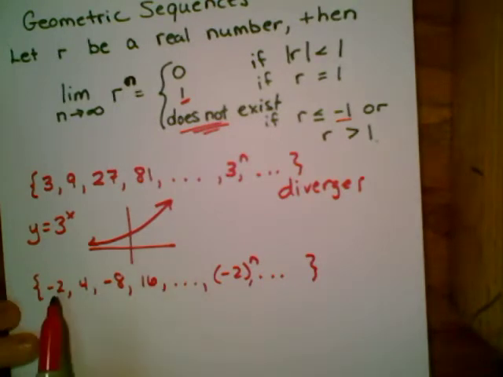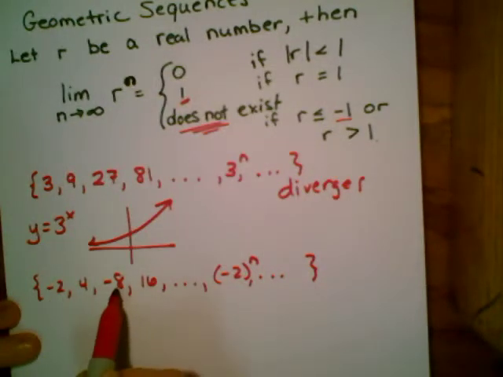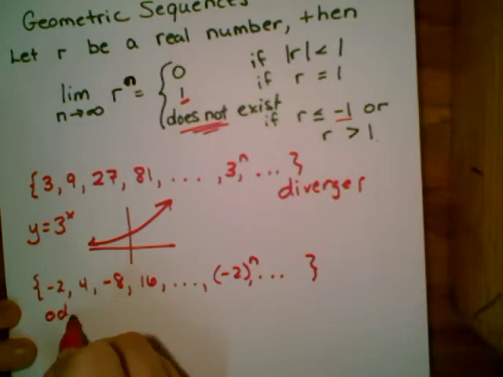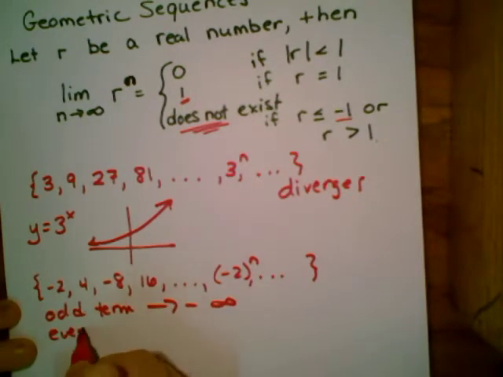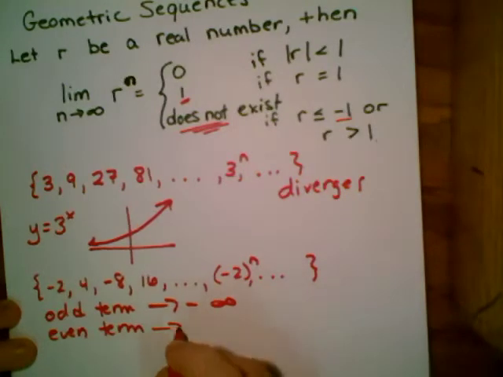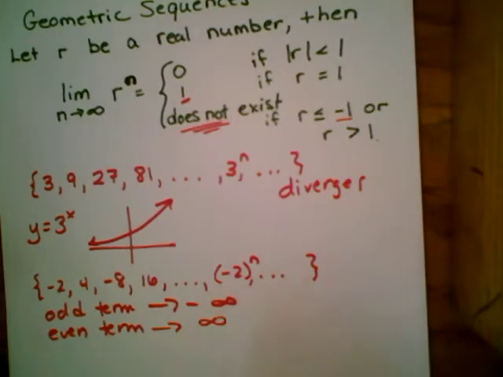And the magnitudes of these terms are growing without bound. The odd terms are going off to negative infinity, and the even terms, as a subsequence, are going off to infinity. So the magnitudes are growing without bound, even though there are these oscillations.